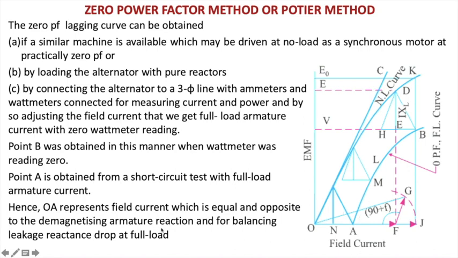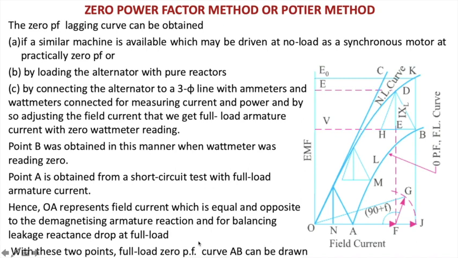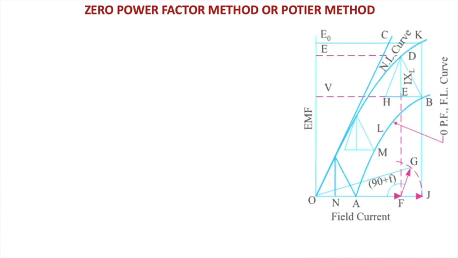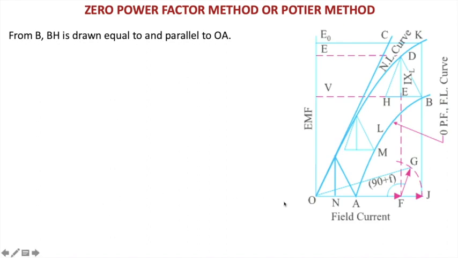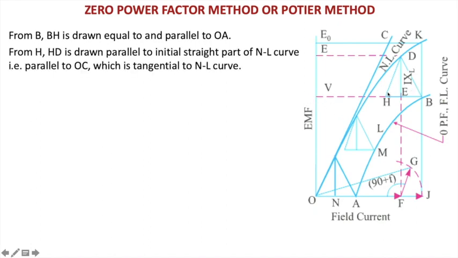So OA represents the field current, which is equal and opposite to the demagnetizing armature reaction, and for balancing the leakage reactance drop at full load. Now we'll try to draw this Potier triangle, that is your H, B and D. So from B, BH will be drawn, which is just for the no load voltage, parallel to OA, this line is drawn where the full voltage is obtained.